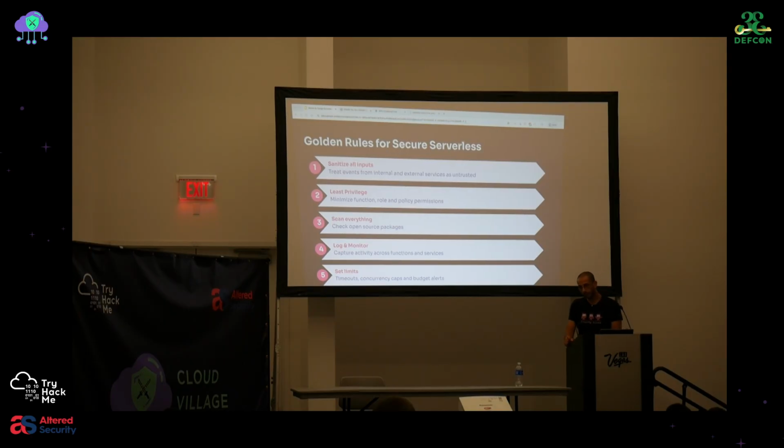We need to keep working in a least privilege approach, important more than ever. We need to scan for dependencies, do logging and monitoring of events, and set limits on timeout, on concurrency, and generate budget alerts. Otherwise, it can go crazy.